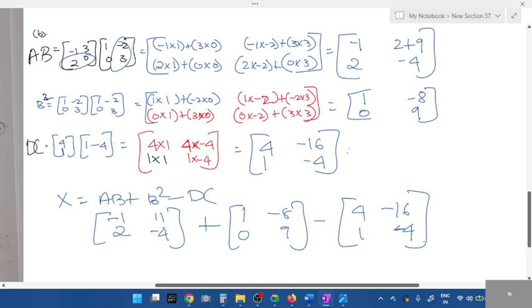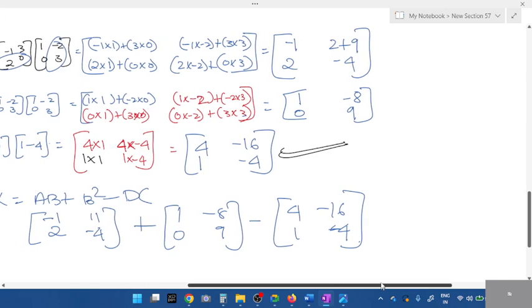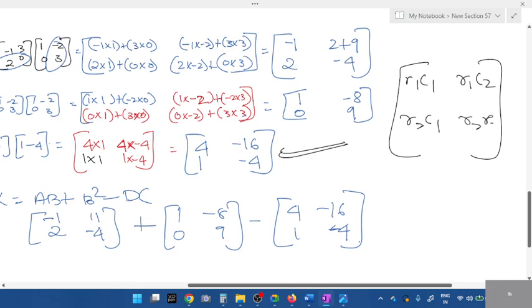DC, look at DC, this part. For any question, when you multiply, the formula is you should get the answer like this: R1C1, R1C2, R2C1, R2C2 concept. That is what we got here.